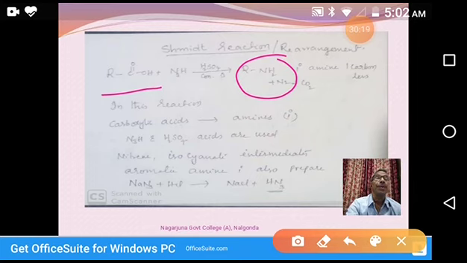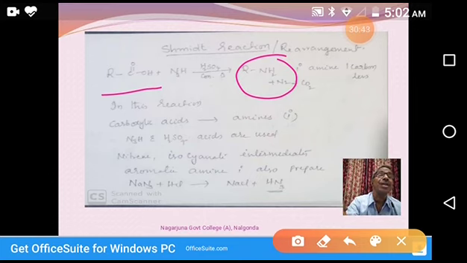So this is the Schmidt reaction. When carboxylic acid reacts with hydrazoic acid in the presence of concentrated sulfuric acid, we get primary amines. In this method also, we can prepare only primary amines; no secondary or tertiary amines are prepared.